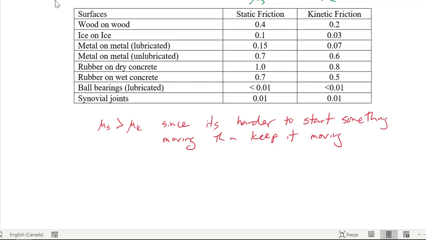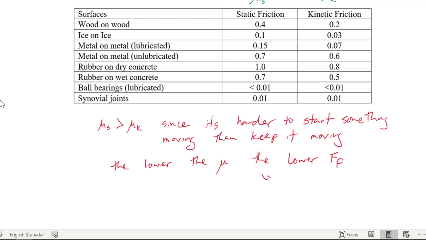Number two, the lower the coefficient of friction, the lower the force of friction.